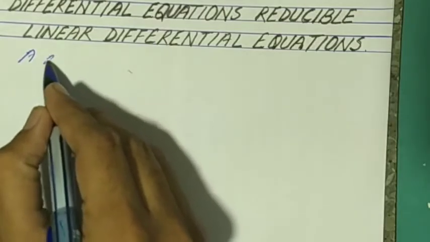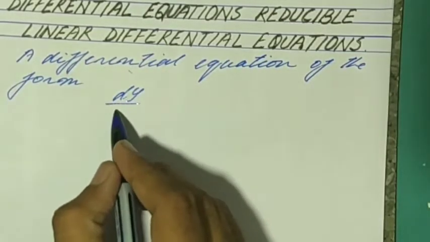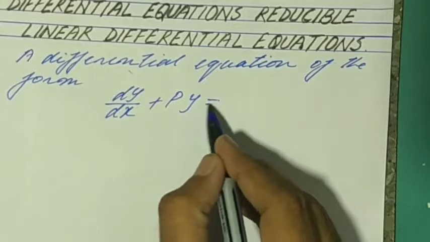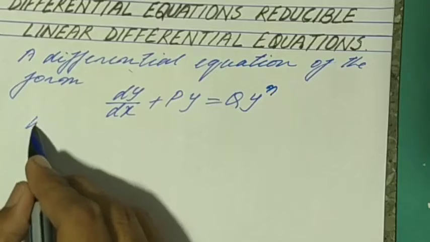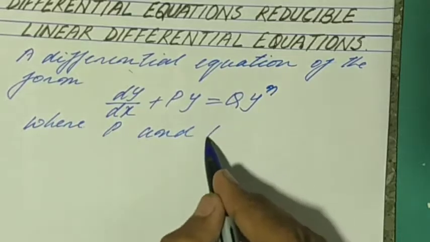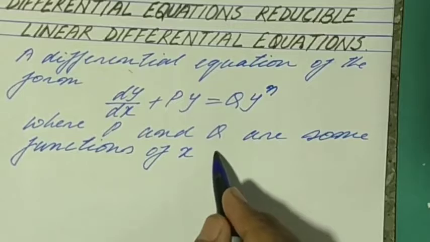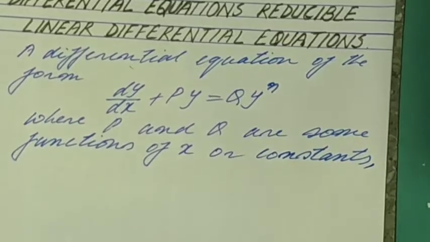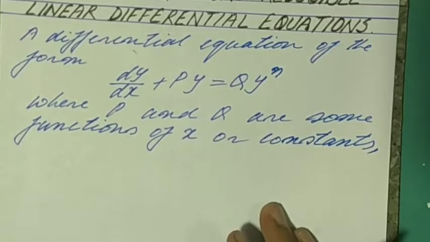A differential equation of the form dy/dx + py = q y^n, where p and q are some functions of x or constants, is the differential equation which can be reduced to linear differential equation.